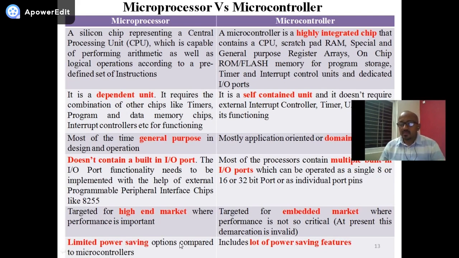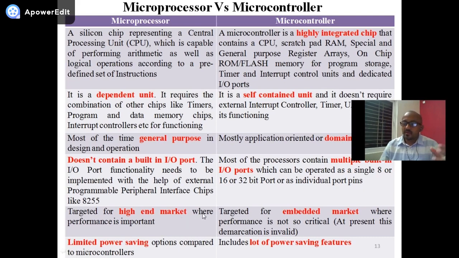In a microprocessor we have limited power saving options. As you know already, microprocessors are used in laptops and desktops. That does not require any power saving, as they are always connected. But in the case of a wireless mouse, we have to use a battery, a cell, and that is not connected to a charger.